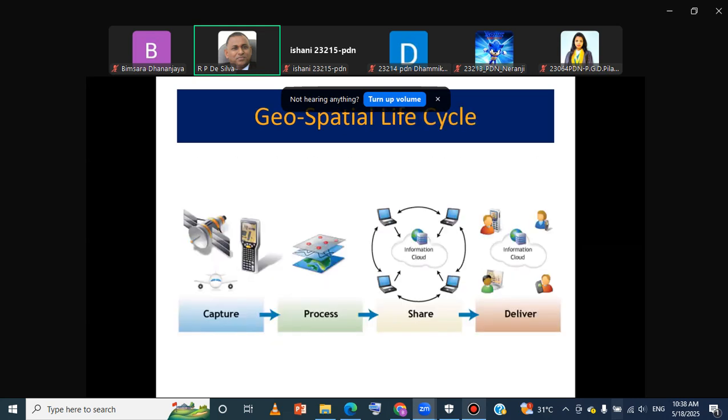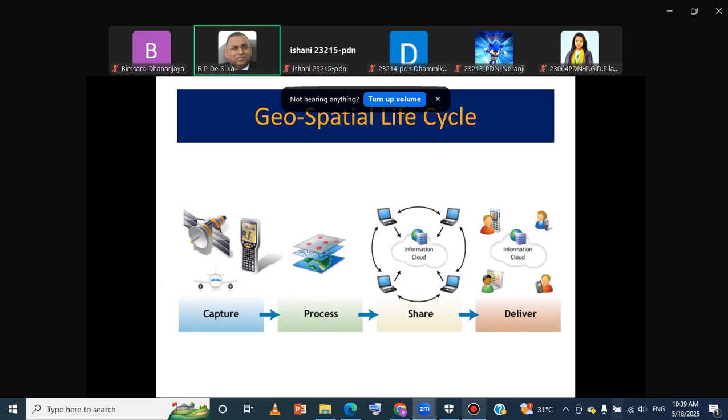If you look at the life cycle of the geospatial data, we have the data capture. We can have spaceborne data, airborne data, and field-based data collections. And then we process this data. After we process this data, we can put it in a place where other people can have a look at it, work on it, and download it.